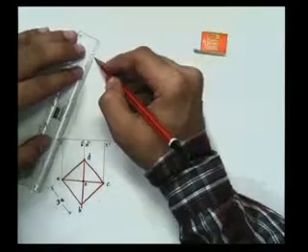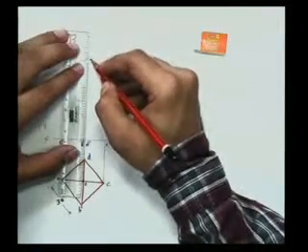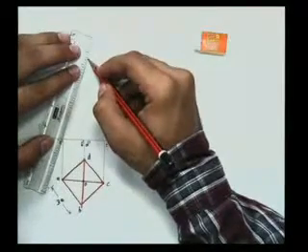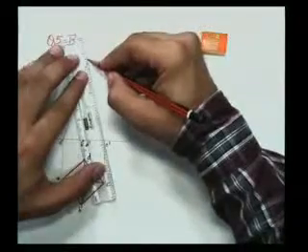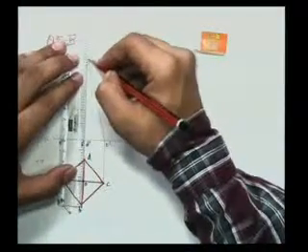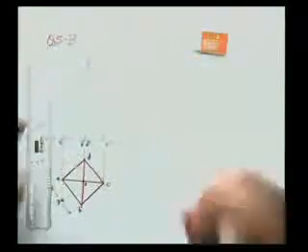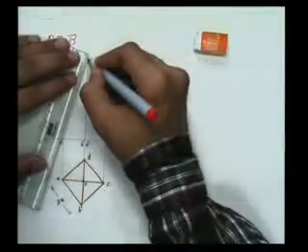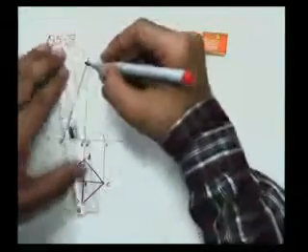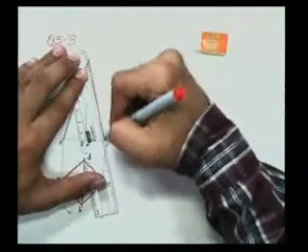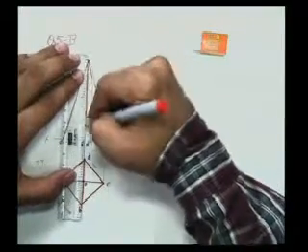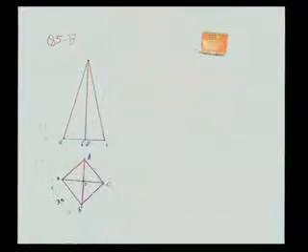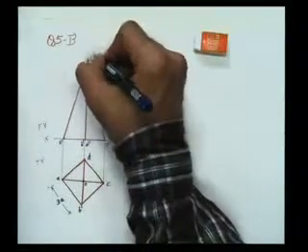So it comes somewhere here. This way. So this is the pyramid, and then I will just join it. And name this as O dash.